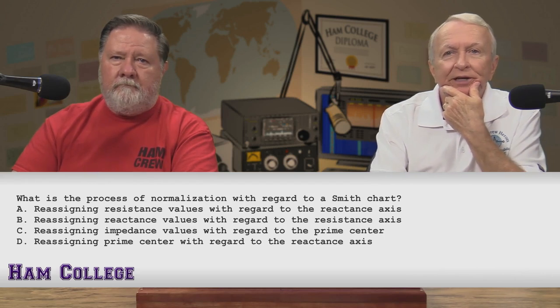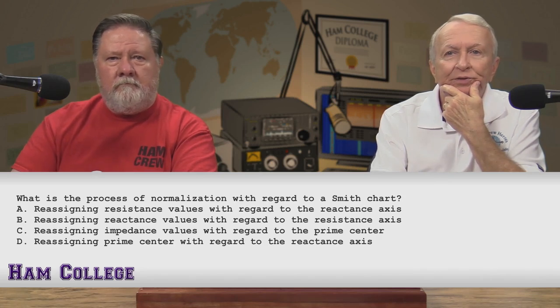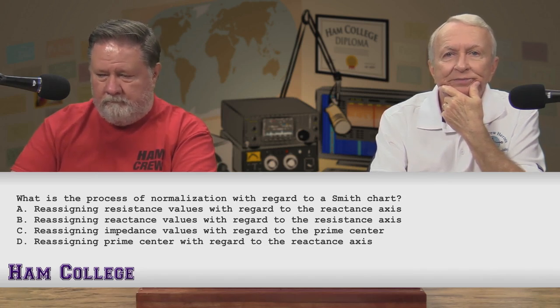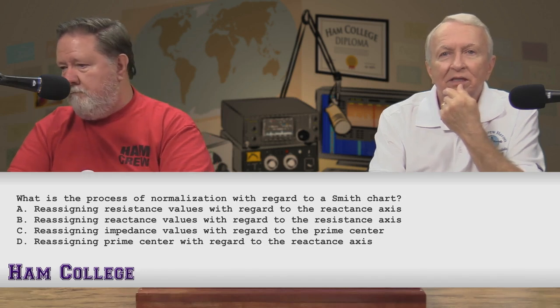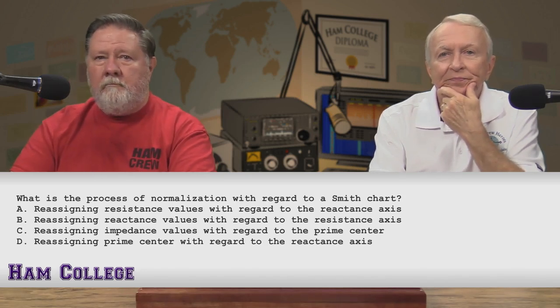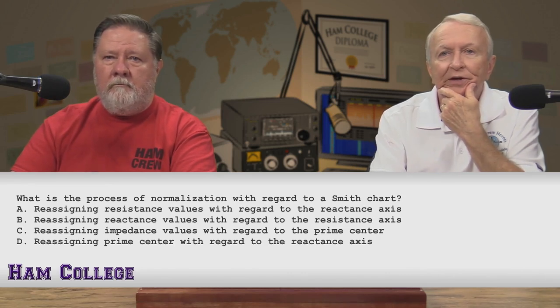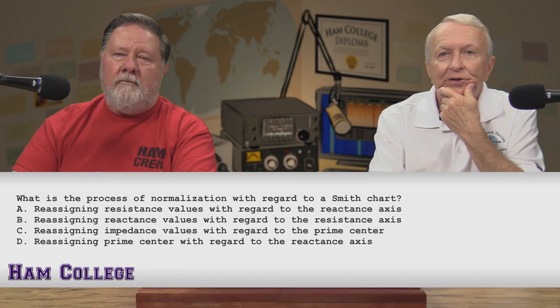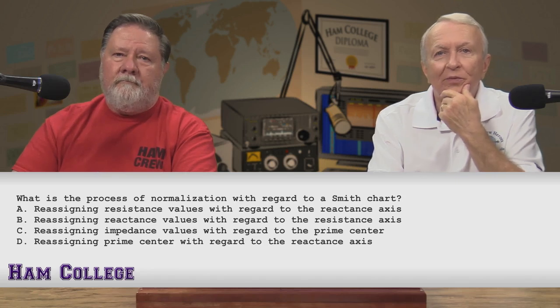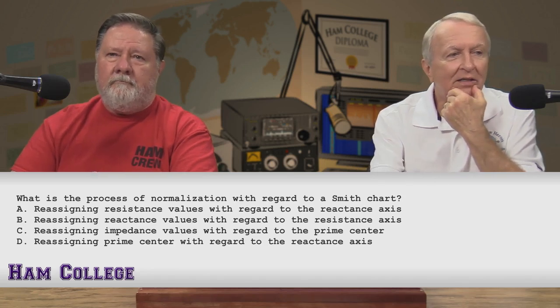C, reassigning impedance values with regard to the prime center. Or D, reassigning prime center with regard to the reactance axis. I'm going to say it is C. Why would that be the answer? Well, let's see if I'm right, and then we'll talk about it.